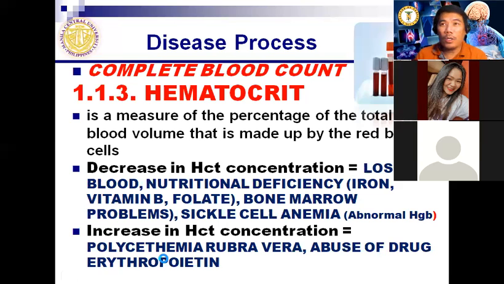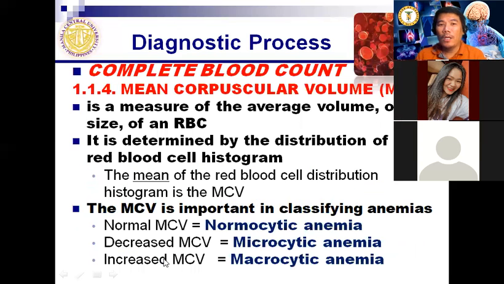Now, other than hematocrit and hemoglobin, the mean corpuscular volume will give us more specific results when we talk about the type of anemia. This is related to the volume of the blood and the size of an RBC. In the classification of anemia, we could have normocytic anemia, microcytic anemia, and macrocytic anemia.